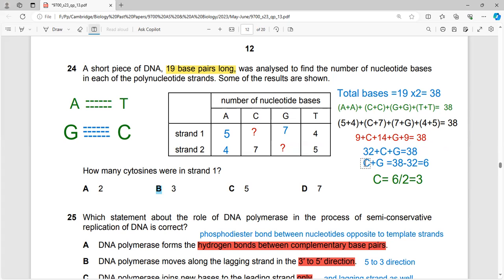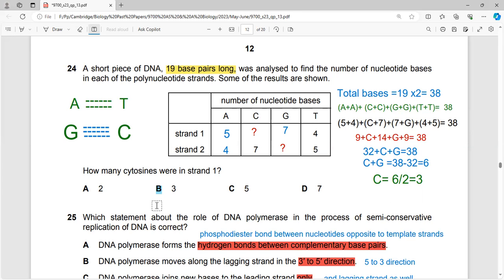Now here 32 is plus on one side, on the other side it will be minus, and that value will become C plus G, meaning cytosine plus guanine, that is equal to 6. And we know that guanine and cytosine are equal in number, so we will divide 6 by 2 to get the number of cytosine, and the answer will be 3 here. So in this way, we got our answer. So B is our correct option.